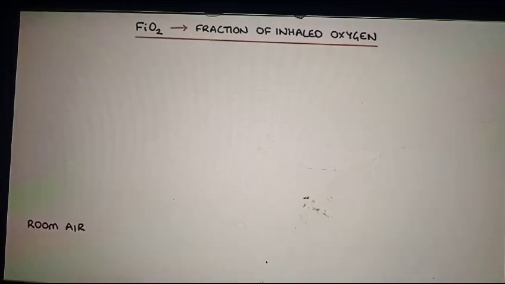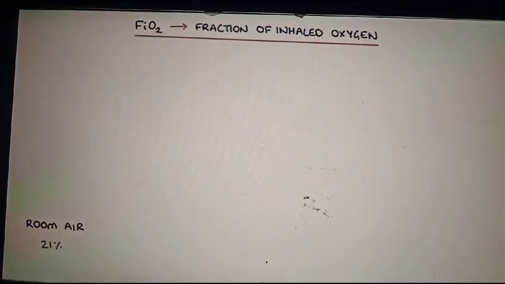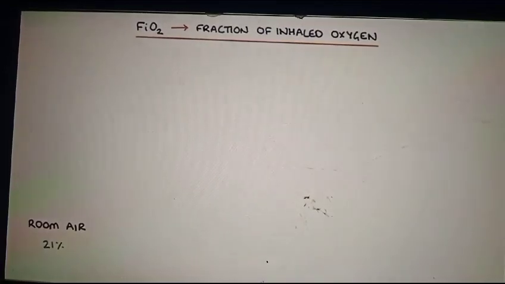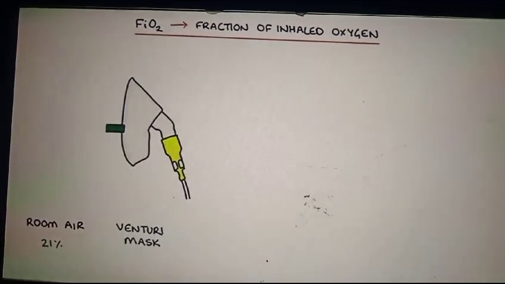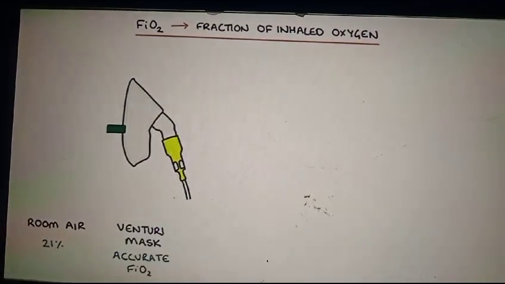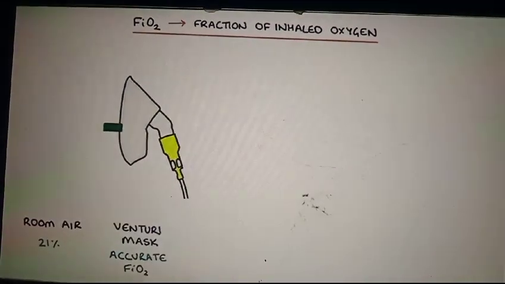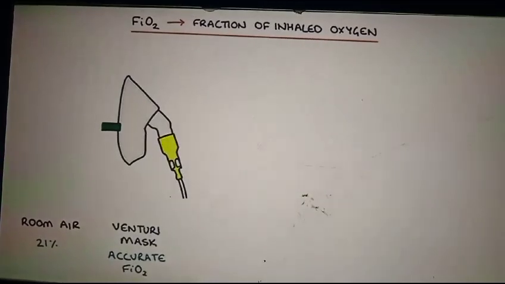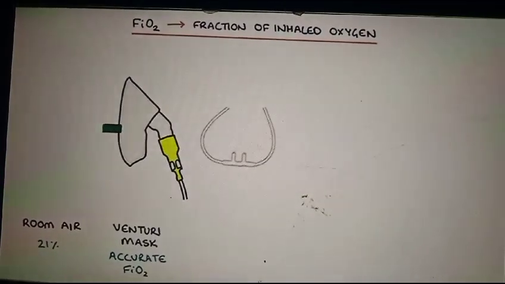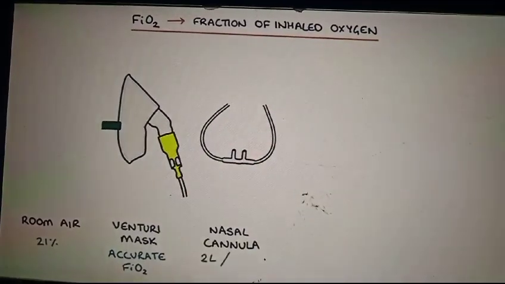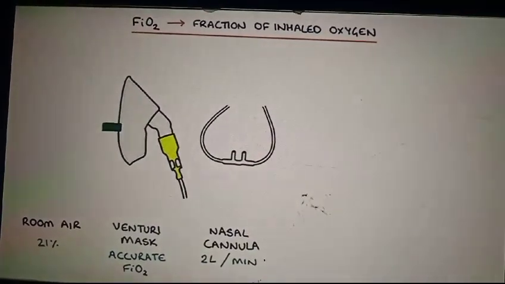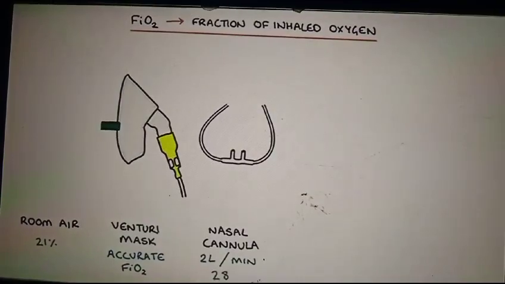Room air has an FiO2 of 21%, meaning the concentration of oxygen in room air is 21%. Venturi masks can be used to control accurately the FiO2. Other masks only give an approximate FiO2. For example, nasal cannula with a 2 liters per minute oxygen flow rate gives an approximate FiO2 of 28%.